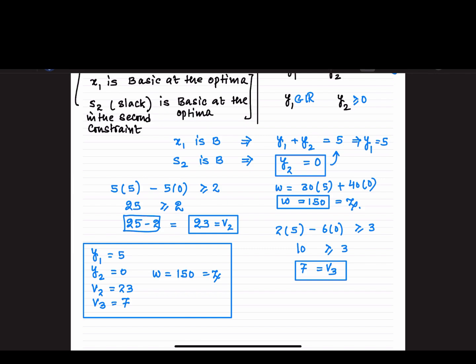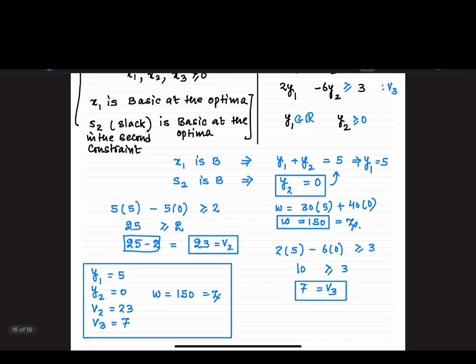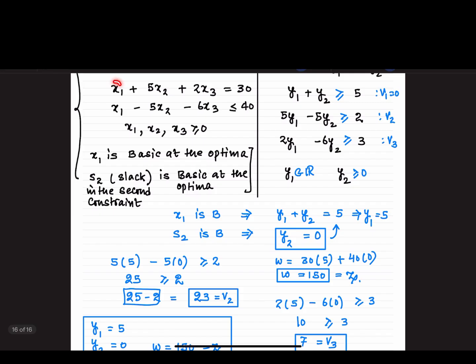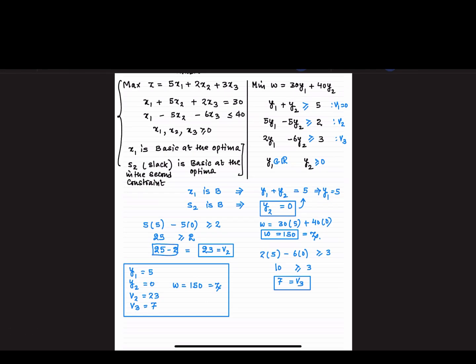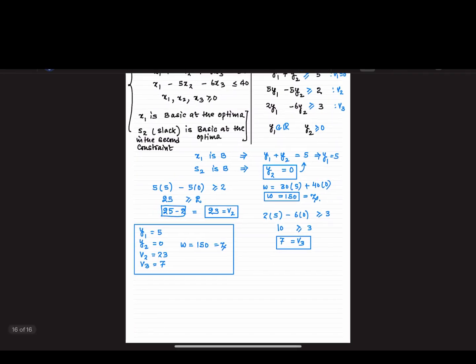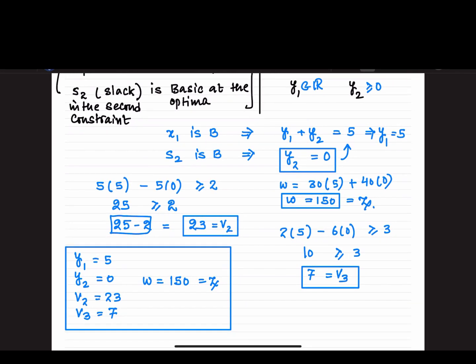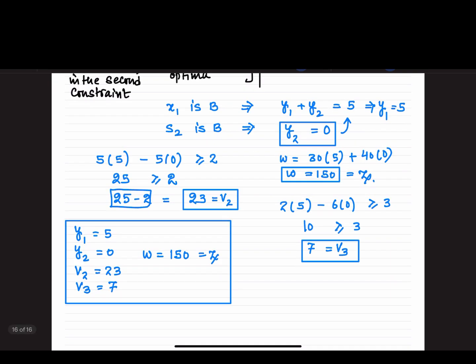Okay. Now, if one wants to go back and find the values of these variables at the optima, we can always go back. See how we know that the variable y1 has a non-zero value. That means y1 is basic. So now we'll write this information.